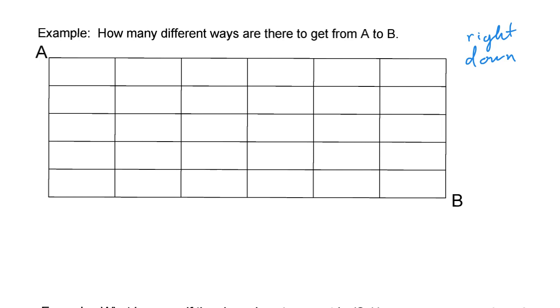So we're in position A and we need to get to B. So moving along this first grid, maybe it's like a roadway or something like this, there's only one possible way to move along that roadway. And then the same can be said for this one here. As a matter of fact, let's do this a little differently. I'm going to draw this a little differently so it kind of makes sense to you now.